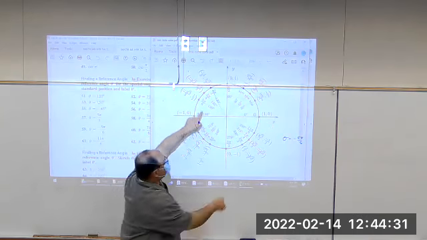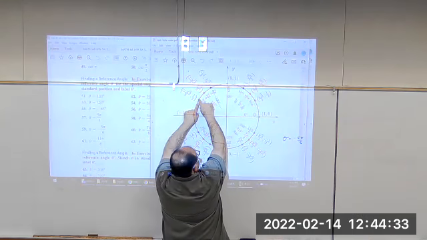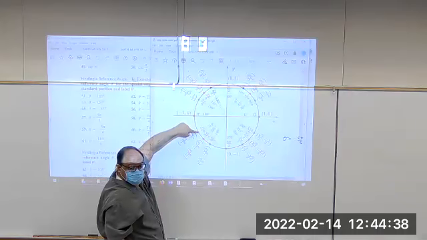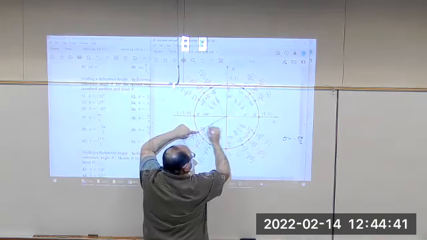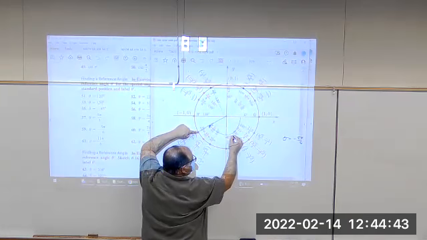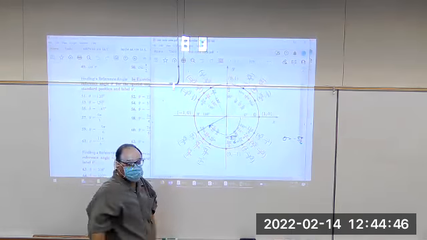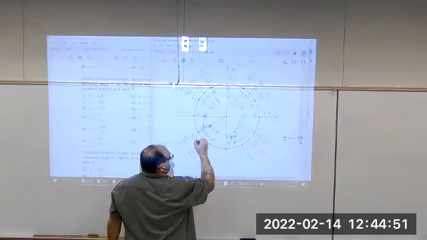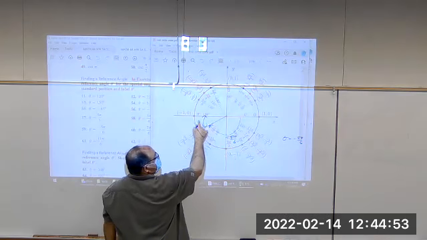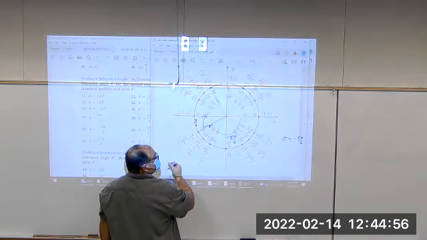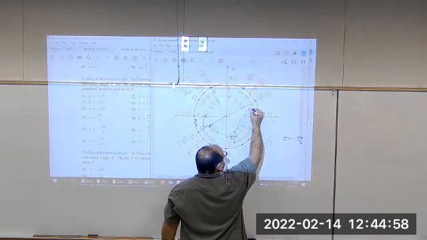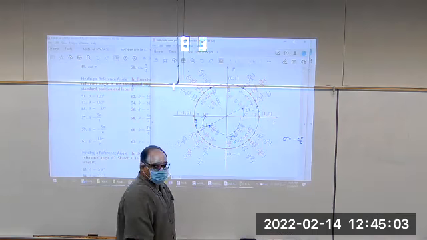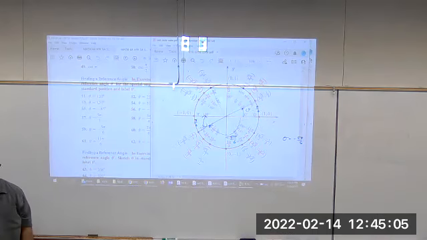Now, positive 5 pi over 6 is up here. So negative 5 pi over 6 would be that reflection down here below. So here's where your negative 5 pi over 6 is going to terminate. So the reference is this guy right here. So if that's 5/6, then that would have to be 1/6, 1 pi over 6. So the reference angle, theta prime up here, is 1 pi over 6.